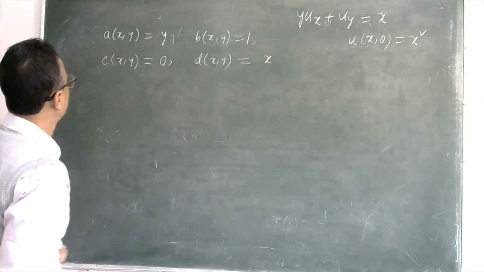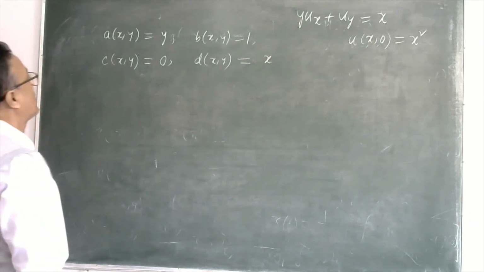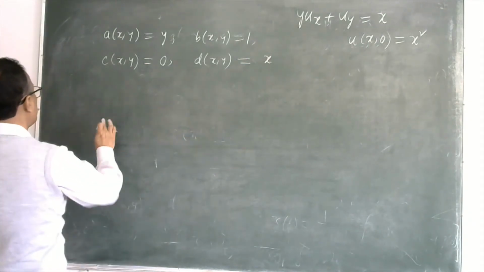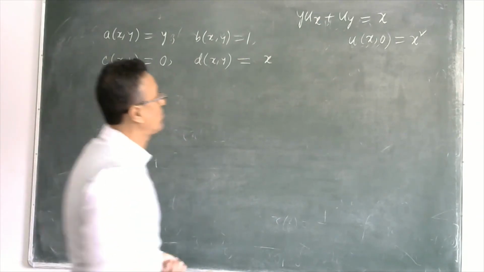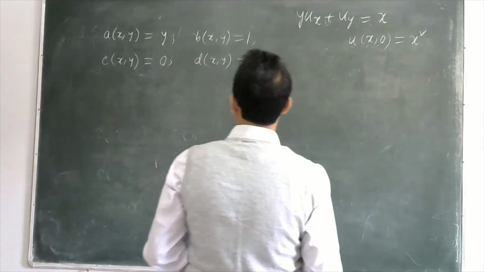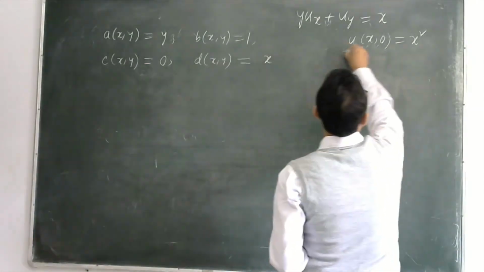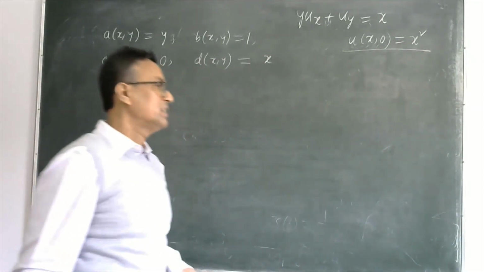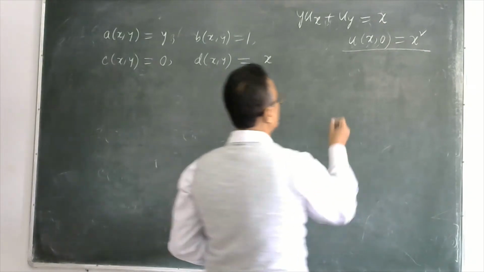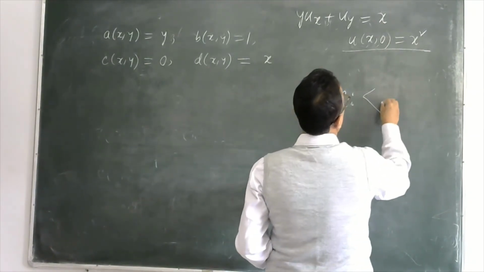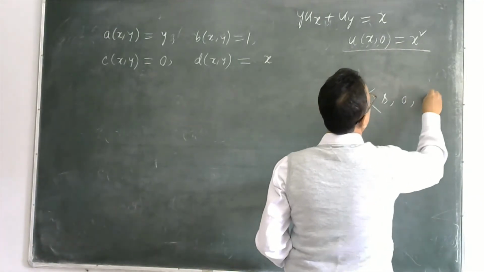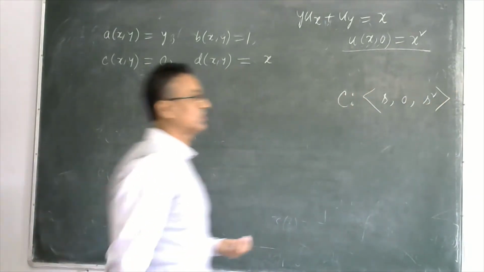Okay, fine. And what is being given here? Now the parameterization of that curve. So this is my initial curve, isn't it? So my initial curve C will be given by this parameterization: s, 0, s squared.